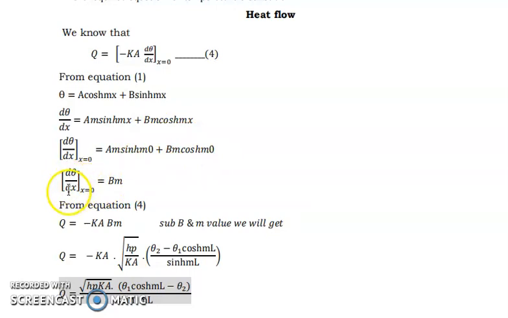Then we get d theta by dx is equal to Bm. Again we substitute this value in equation number 4, and we get q is equal to minus k Bm. Again we have to substitute the values of B and m in this equation. So we can get q is equal to root of hpk times (theta 1 cos hyperbolic ml minus theta 2), divided by sin hyperbolic ml.